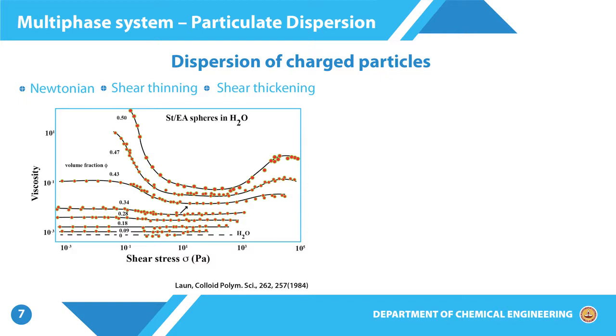So, the first set of data that we start out with is classical data, which is related to particulate dispersions, and this is viscosity as a function of the shear stress. We can represent the data also in terms of viscosity as a function of shear rate.